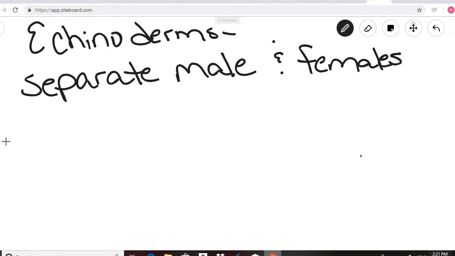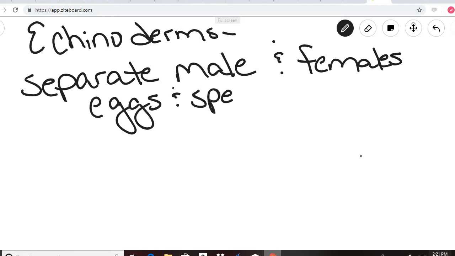So eggs and sperm are released into the water, and then because they're released at about the same time, fertilization can take place.